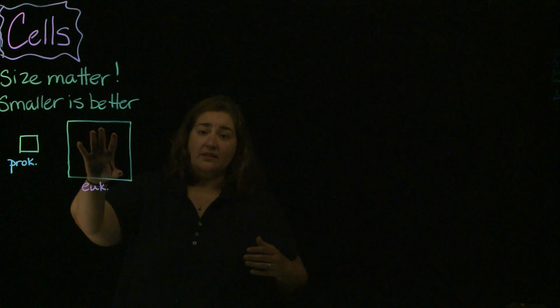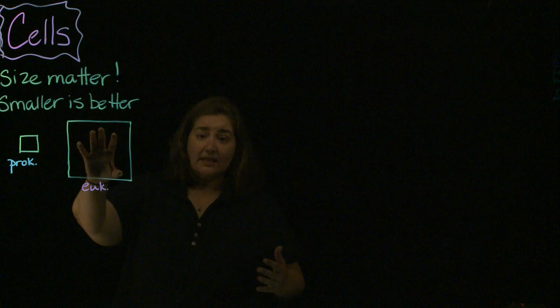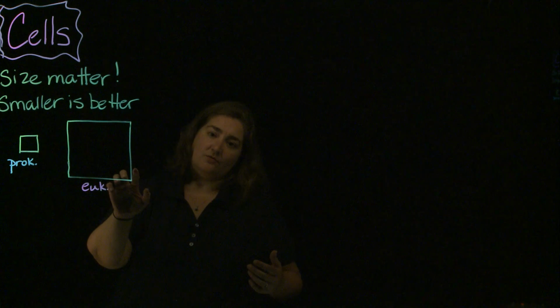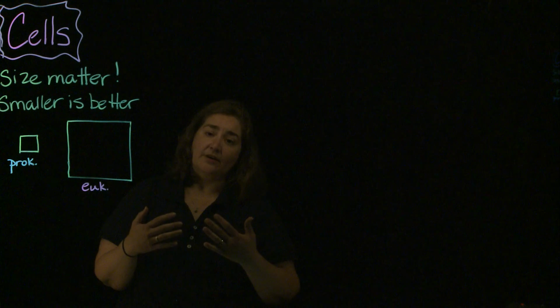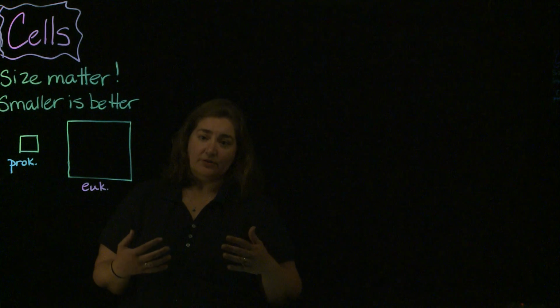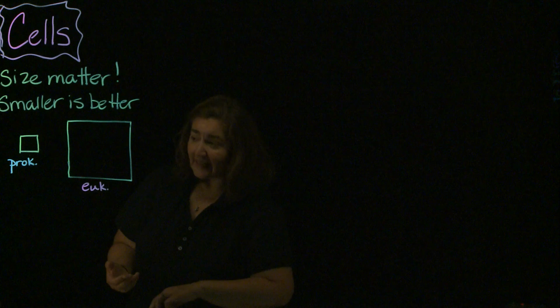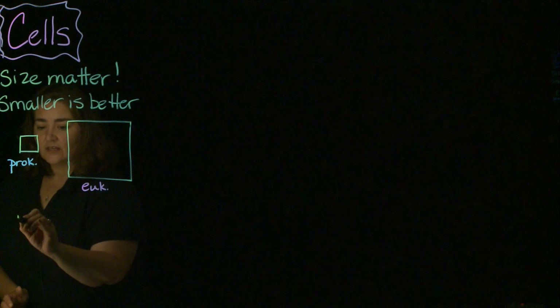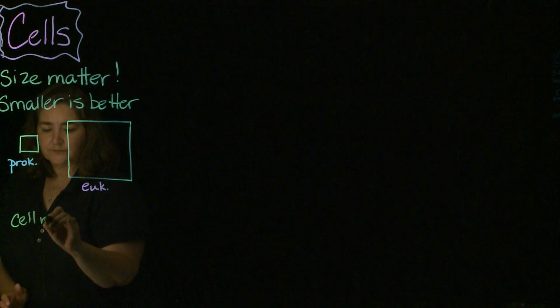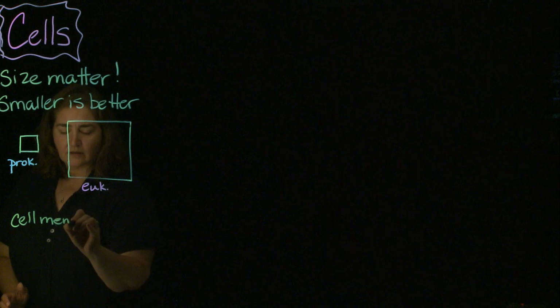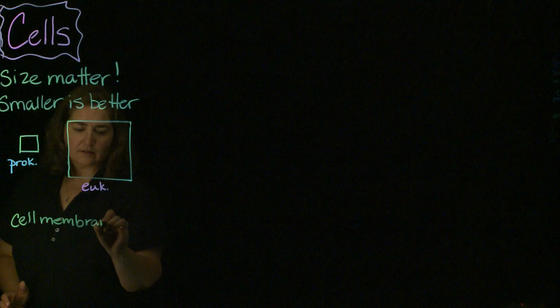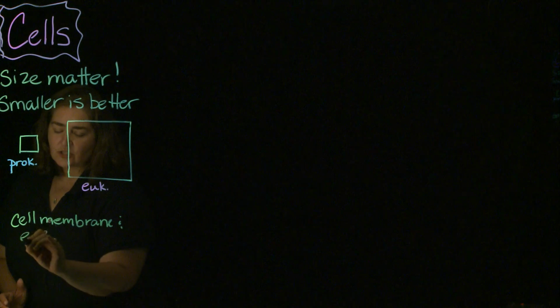Whereas the eukaryotic cell has a larger volume inside, but a smaller amount of surface area, so it doesn't have as much contact with the environment to exchange materials. So really what it gets at here is the cell membrane and the exchange of materials.